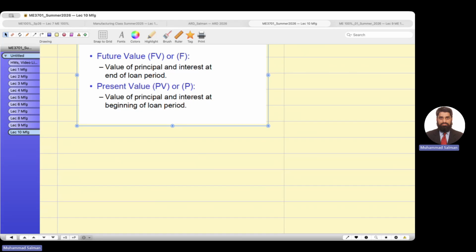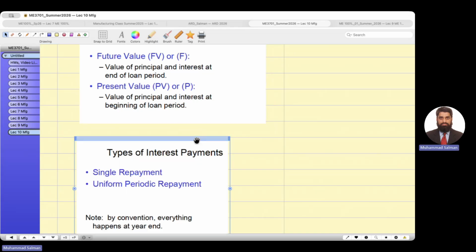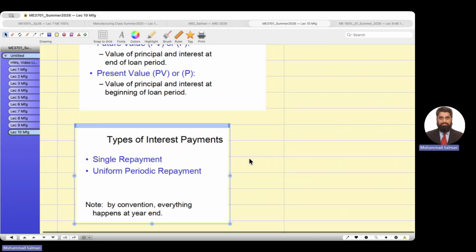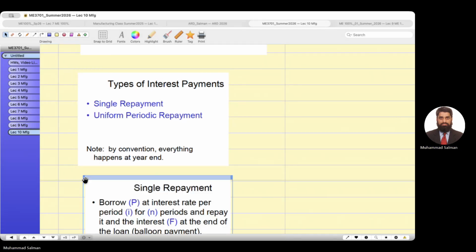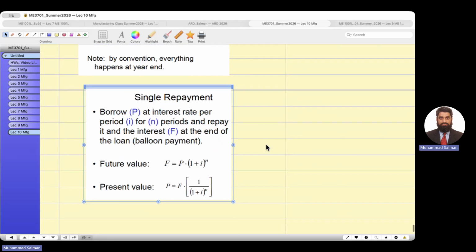Future value is F, present value is P. You can make a single repayment to the bank where you borrow the money to run your company, or you can divide it into periodic repayments per month or per year, like our mortgage, where every month we pay to retire the debt we borrowed.